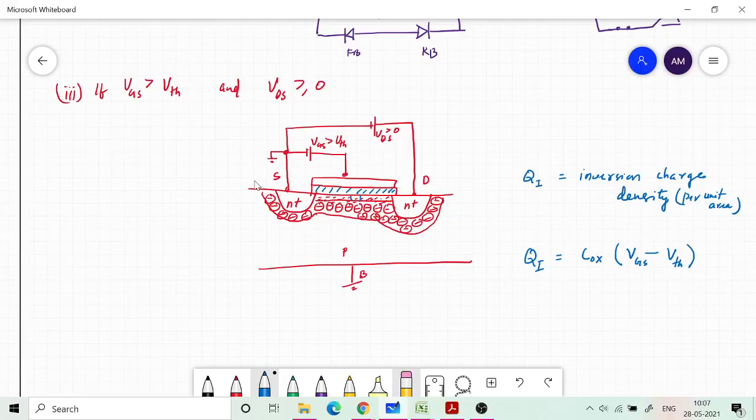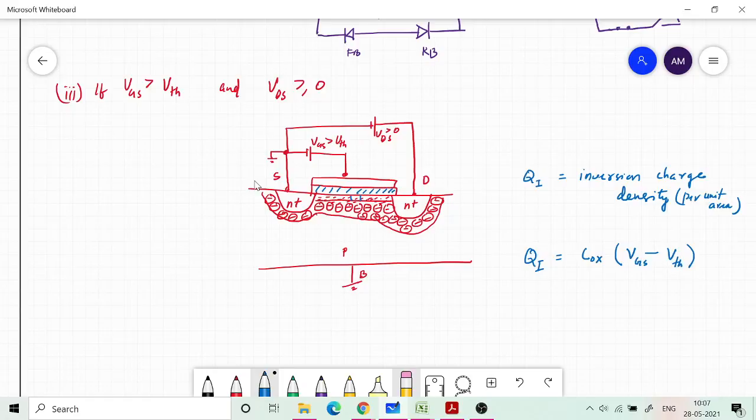But that will become significant only when we get into the strong inversion region. So in strong inversion, what will happen when you increase the VGS value above VTH? The electrons are going to suddenly increase, and as a result, the depletion region which was extending earlier will not extend further, and similarly the surface potential of the semiconductor will not change, because that depends upon the depletion region charges.